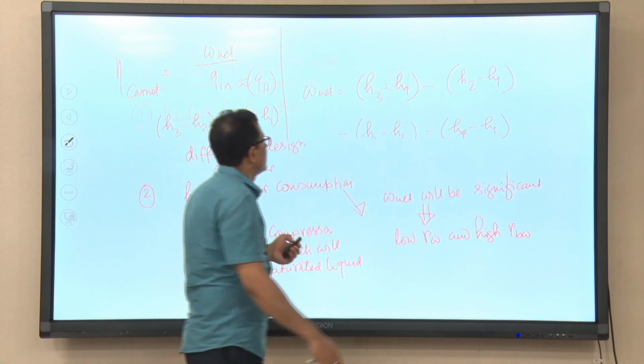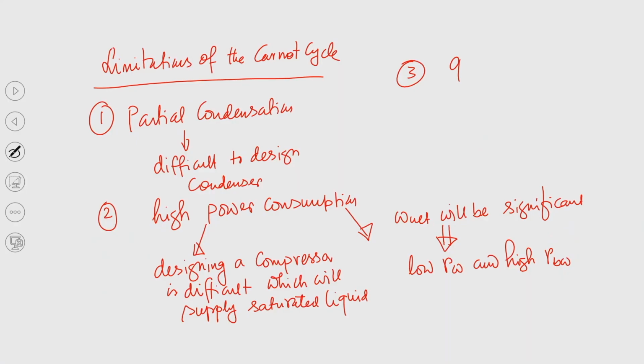So the quality of steam at 4 is poor, and it will lead to turbine blade erosion.